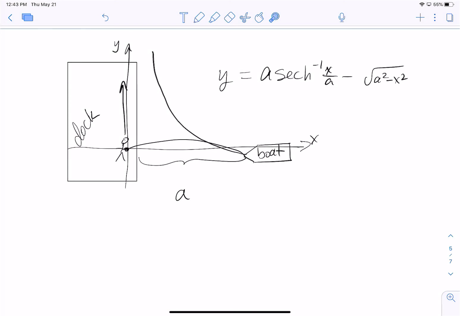I will not ask you to work with this equation. I'm not going to develop it or anything, but I just want you to know that the path that the boat travels is described by one of these inverse hyperbolic functions.